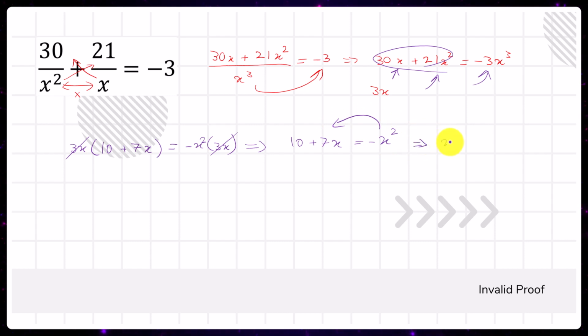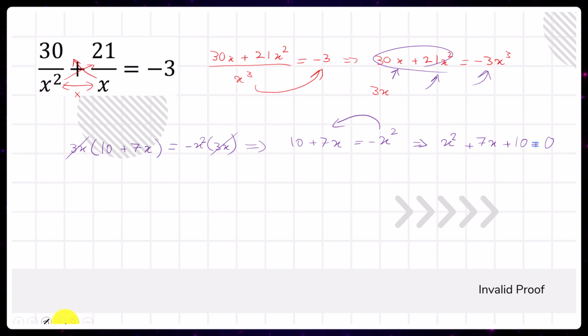So we have x to the power of 2 plus 7x plus 10 equals 0. And now this is just a simple equation of degree 2 that we can solve with either delta or just factorization. I am going to use factorization for solving this equation.